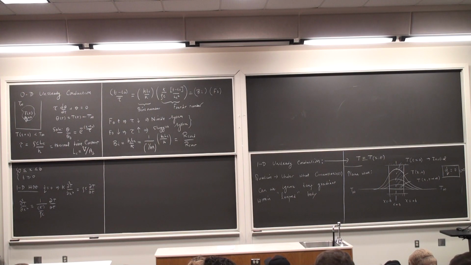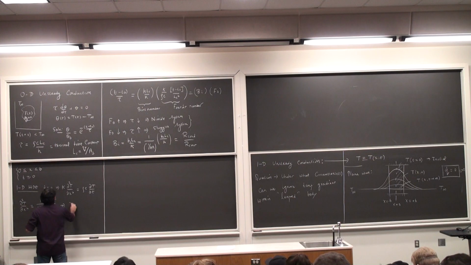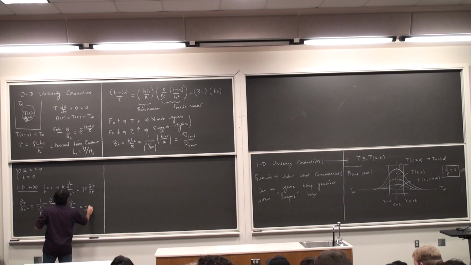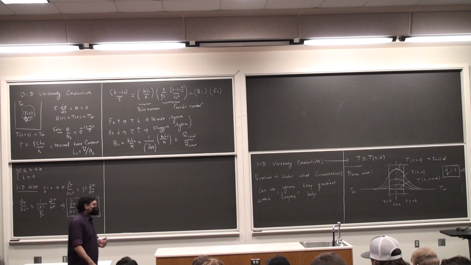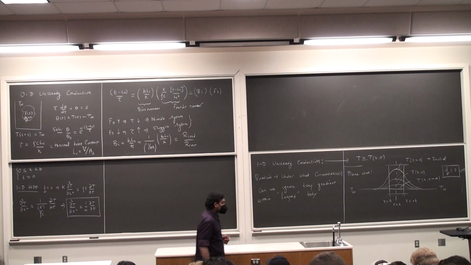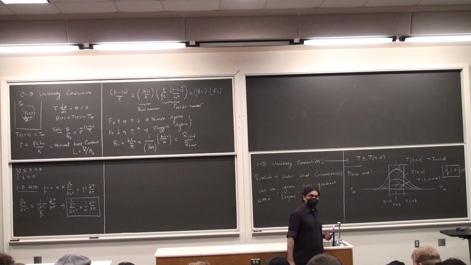K by rho C is the thermal diffusivity alpha, so I can write this as the following. This is a partial differential equation of order 1 in time and order 2 in the spatial variable.